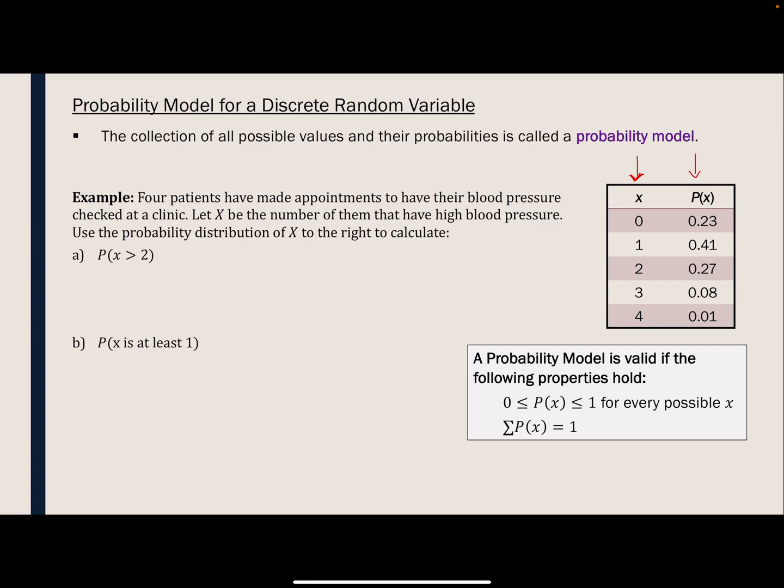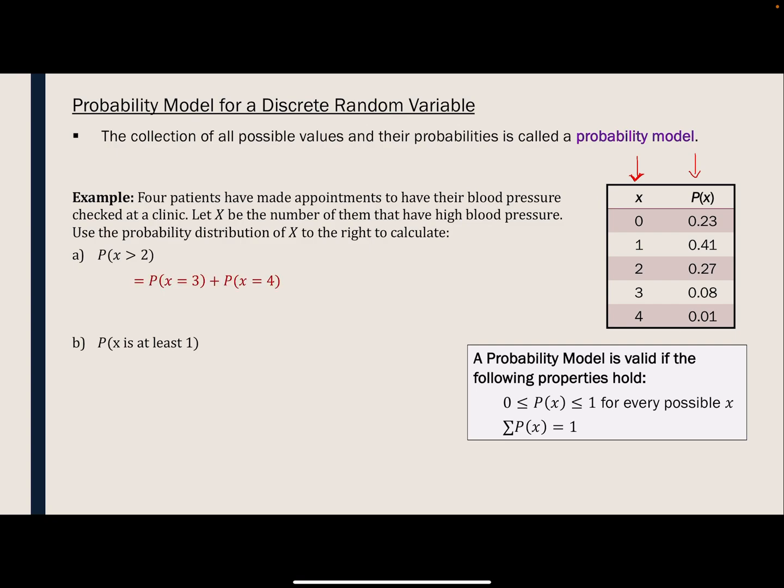So if we're asked to find the probability that X is greater than 2, this is saying, what is the probability that more than 2 of these patients have high blood pressure? Because this is a discrete variable, more than 2 means 3 or 4, right? Because we can't have 2.5.